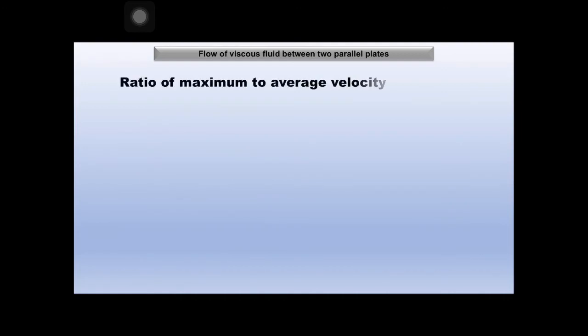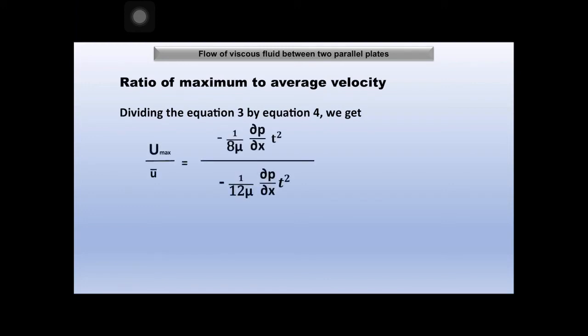In order to get the ratio of maximum to average velocity, we need to divide the equation of maximum velocity by the average velocity. That is, we will divide equation 3 by equation number 4 that we have seen just now.